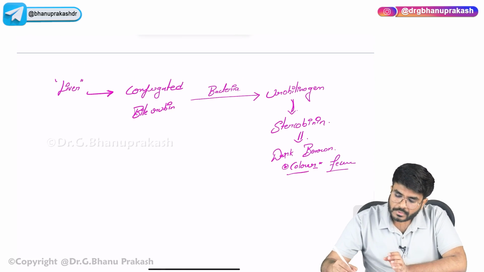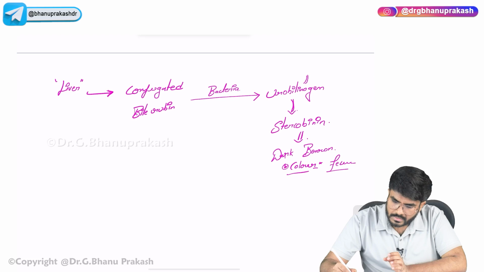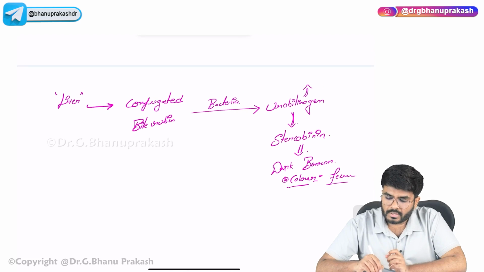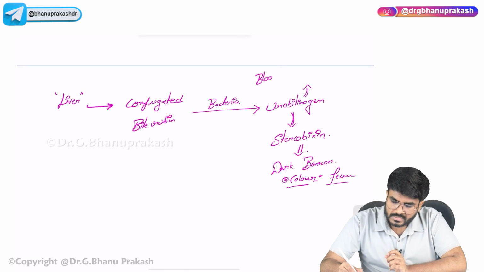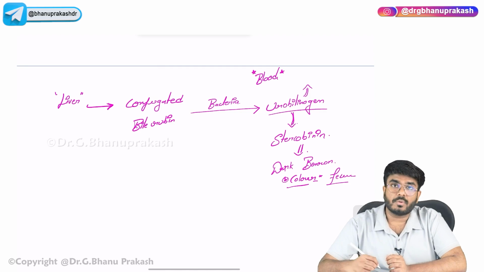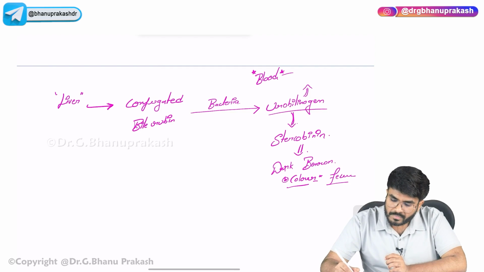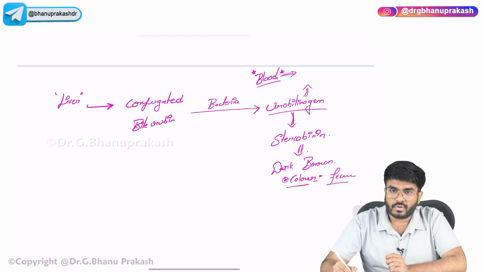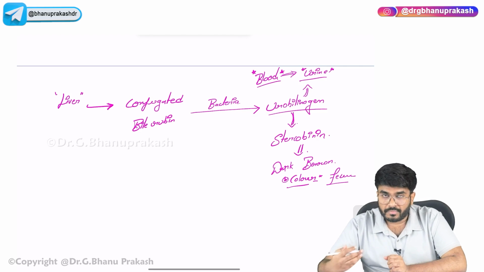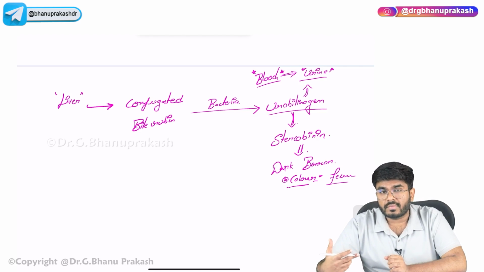Some amount of urobilinogen is reabsorbed back into the blood from the GIT. From this blood, it gets filtered in the nephrons, and it comes out in the urine.